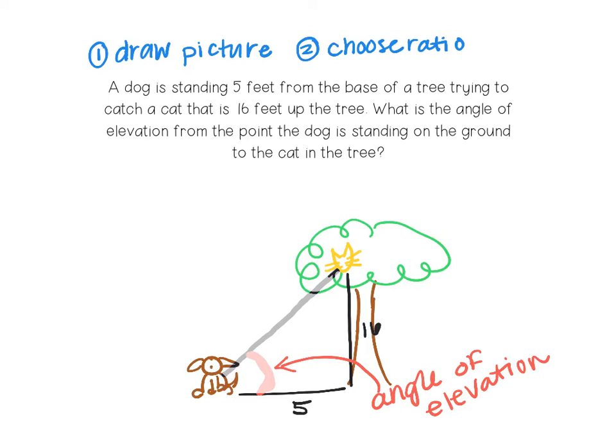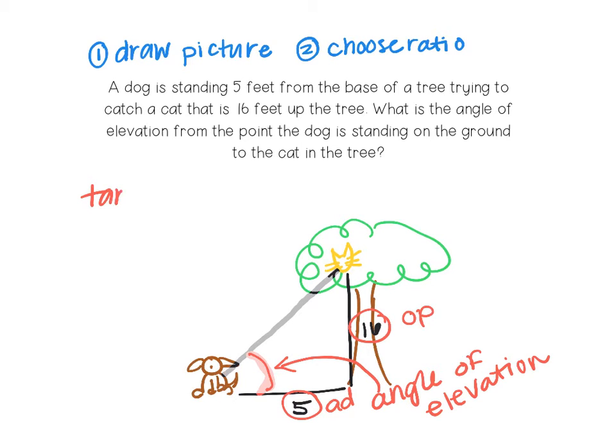So based on the information that we have, what trig function do you think we're going to use? If I look at the information, I have a side of 16 and a side of 5. And if I look at this angle, 16 is opposite and 5 is adjacent. So if I have opposite and adjacent, then I'm going to use tangent.